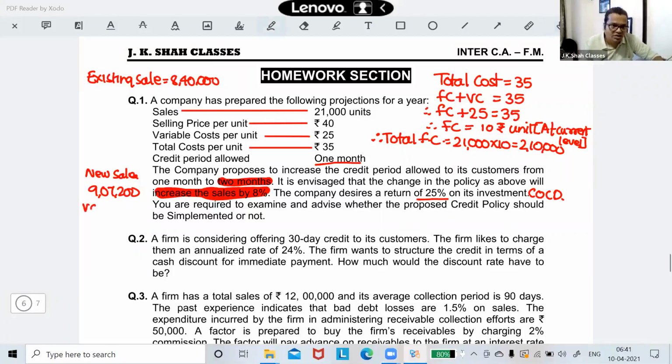So variable cost would be 567, right? But the fixed cost will remain fixed, how much? 210, right? I think I have given enough data so that you can solve this. Any doubt in this sum? No? Okay, great.